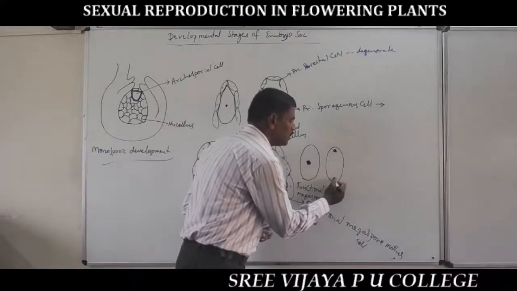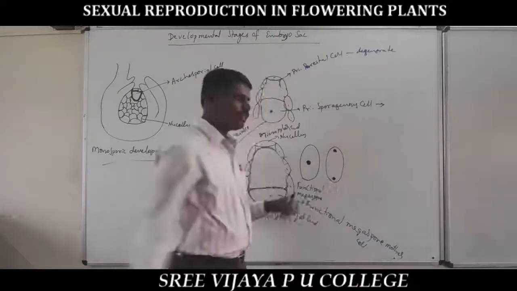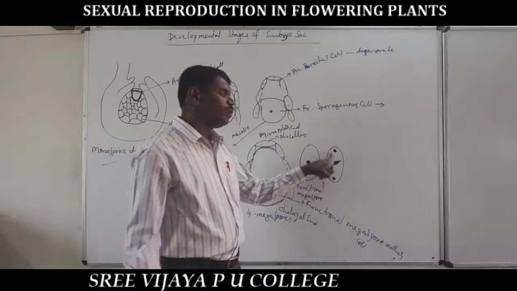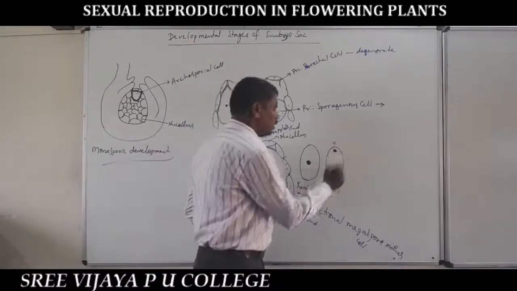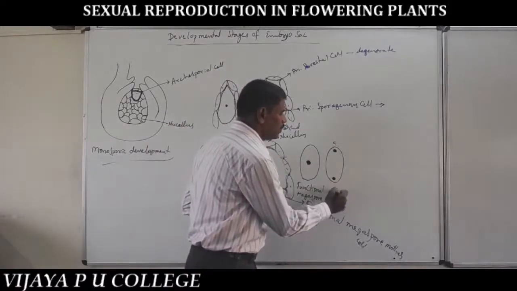So one nucleus moves towards the chalazal end and the other towards the micropylar end.